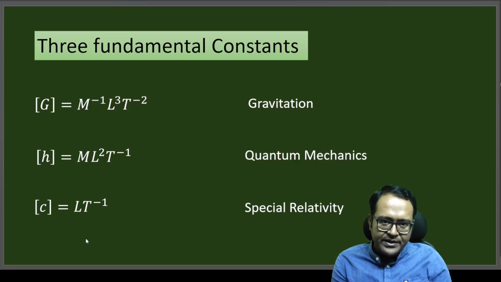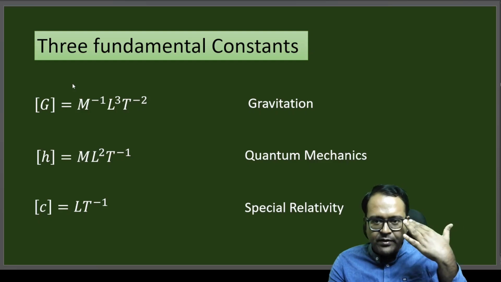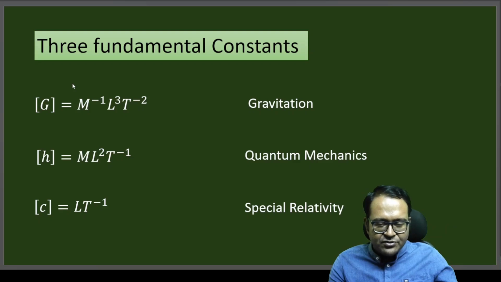Can we create some quantities with no dimension using these three constants? Because something with dimension depends on our chosen unit, and we choose units depending on our experiences. Choice of units is human-centric, very much human-centric.